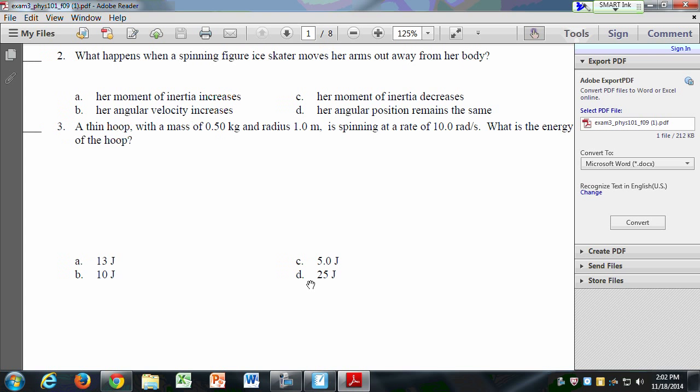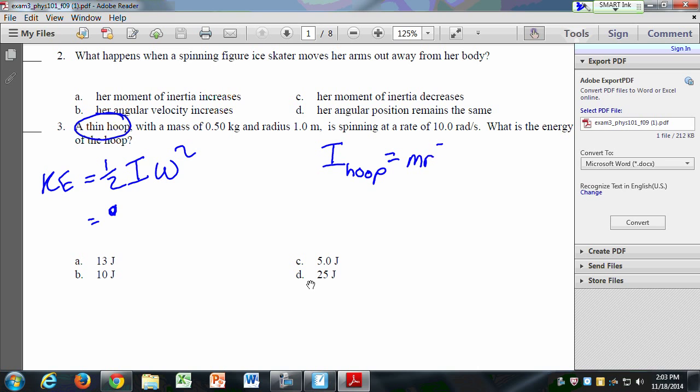So this one is an energy problem. Nothing terribly complicated about these. You might have to find the moment of inertia, but otherwise they're pretty routine. You just have to know the equation for energy. That's 1/2 I omega squared. In this case, it's a thin hoop, and the moment of inertia for a hoop is in your equation sheet. It's just mr squared.